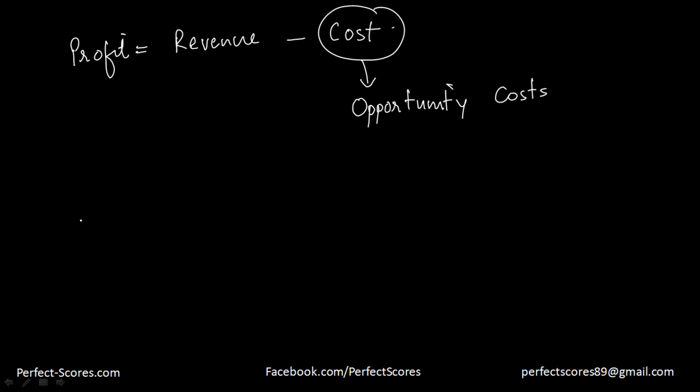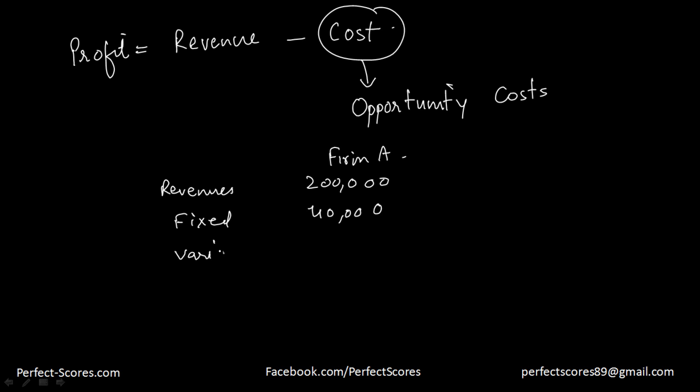So let's suppose, if I take an example, there is a firm, firm A, and the total revenue that it generates is equal to $200,000, and its fixed cost is equal to $40,000. Its variable cost is equal to $80,000. And its opportunity cost. Now what do you mean by opportunity cost?